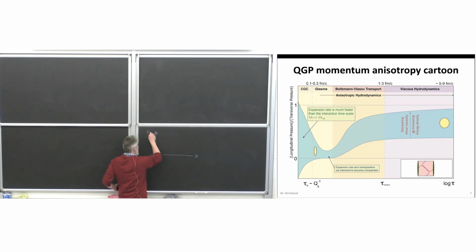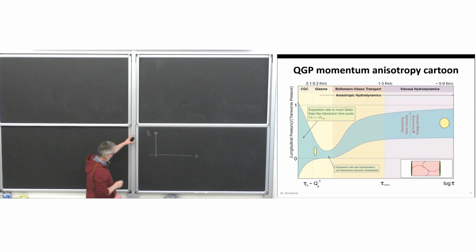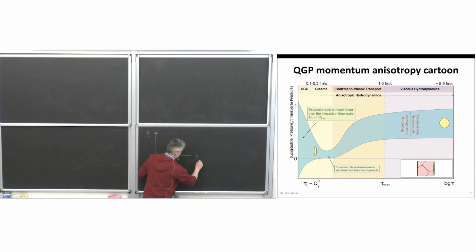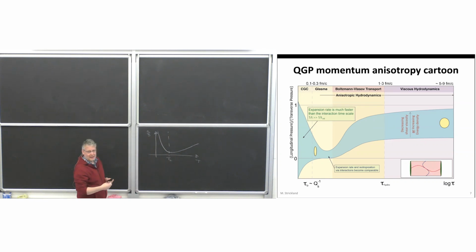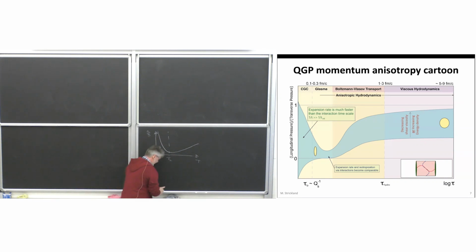If I plot the shear viscosity to entropy density ratio as a function of temperature, around the pseudo-critical phase transition is where it has a minimum, and then it shoots up very rapidly as you go down in temperature. So in practice, you'll do a traverse through this curve where you go here, and then the shear viscosity gets large again, and then you fall out of equilibrium over here.